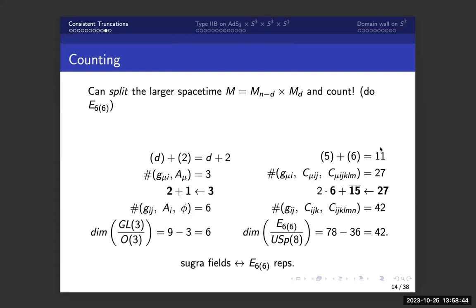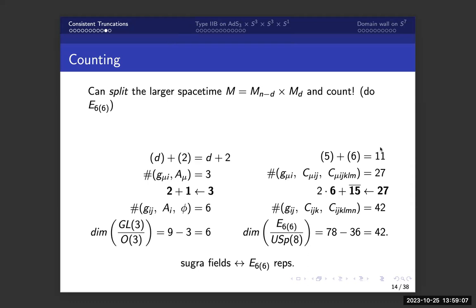You can count the degrees of freedom on the external space. For example, you want to count the number of 1-forms that you get on the external space. You get 2 from the metric and 1 from the gauge potential. So this is 3, and the 3-dimensional representation of GL3 breaks as 2 + 1, matching this count.